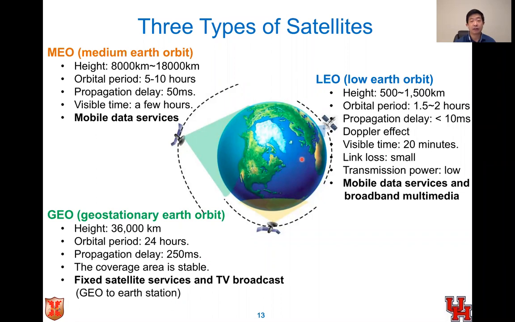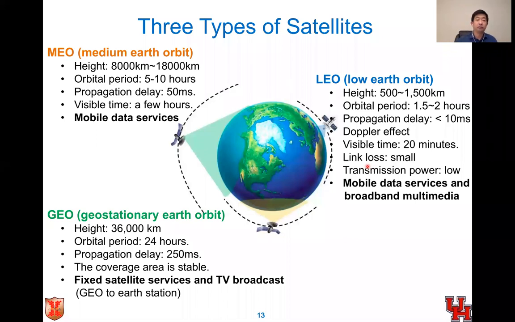The first type is LEO, basically low orbit, like the international space station, GPS, and also Starlink, which Elon Musk located right here. The good thing is it is very close, but the bad thing is the visible time, because it is moving away. Your visible time is only 20 minutes, so you need a lot of satellites to cover it.